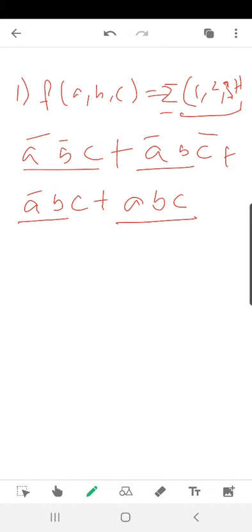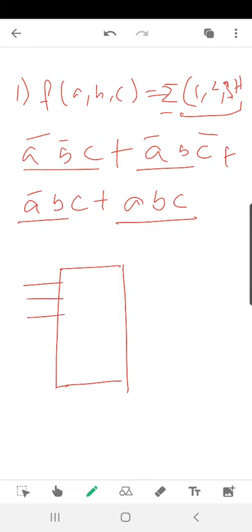So we will simply use a 3:8 decoder. A, B, C will be our inputs, and we will have enable. This is the 3:8 decoder. We have a, b, and c as our inputs, small a, small b, and small c, because the function is given in small abc form.